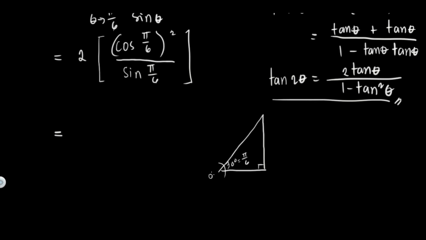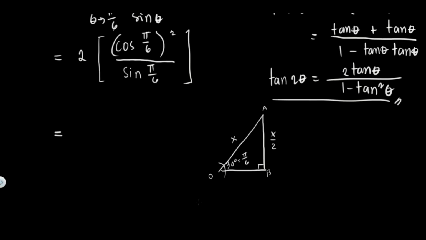Tawagin natin itong O and this is A and this is B. Kung itong line OA is, lagyan natin to ng length, no? Tawagin natin X. Yung opposite side, tawagin naman natin X over 2. Yan. Kalahati lang para magkaroon ka ng 30 degrees.